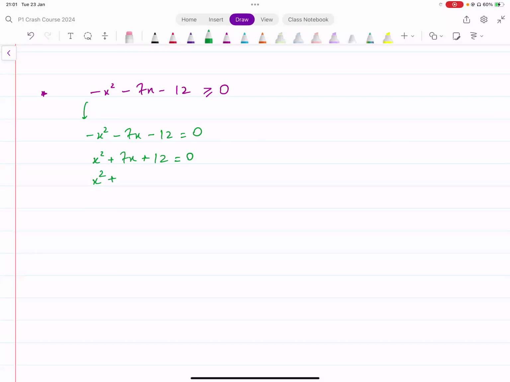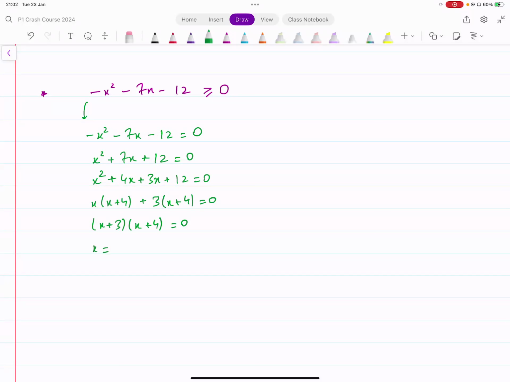Now we can factorize this. 7x can be broken into two parts like this: x squared plus 4x plus 3x plus 12, that equals 0. The first factor is going to be x into x plus 4. Then the two factors turn out to be x plus 3 and x plus 4.